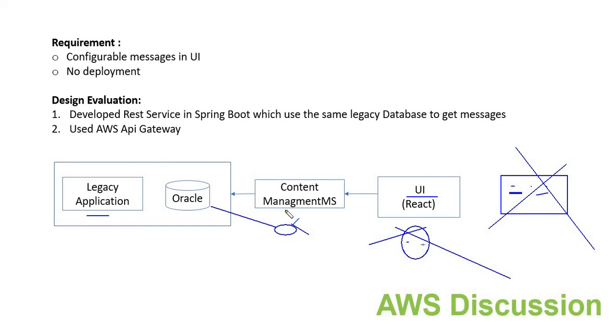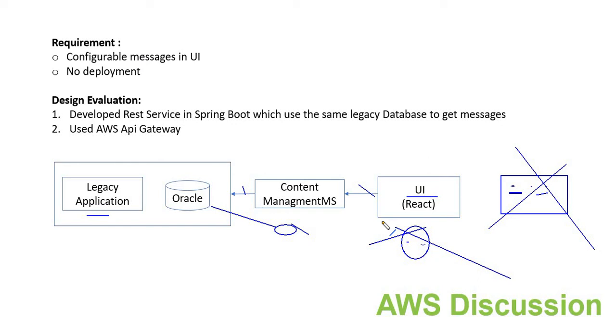The con of that, and the actual impact, is the latency issue. The UI needs to send a request here, and this needs to go and access the database which is actually used by the legacy world. This database is already busy with all the requests coming from the legacy application, and on top of that, we are also going to send a request. So there is too much latency here and here.